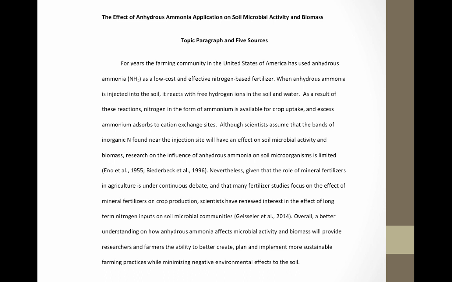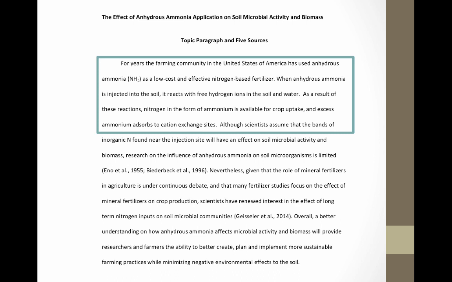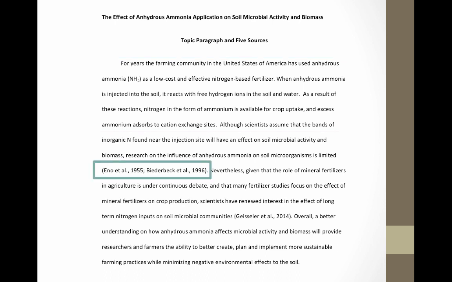You can see through this paragraph first that there's some sentences in the beginning that set up the issue: the use of anhydrous ammonium, a nice description of how anhydrous ammonium is used and consequences of that use. You see that as the person is describing this topic, they have included the references within their description, and so they're already including appropriate references.